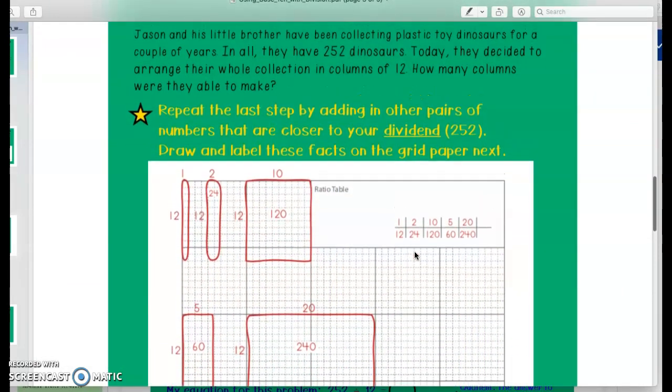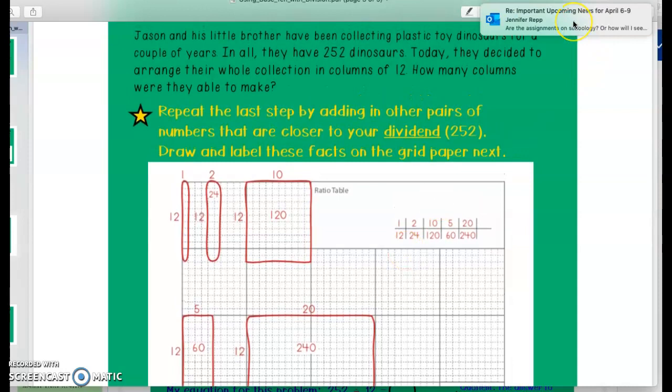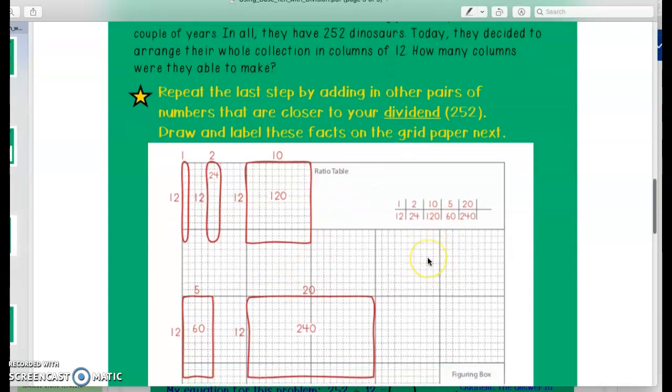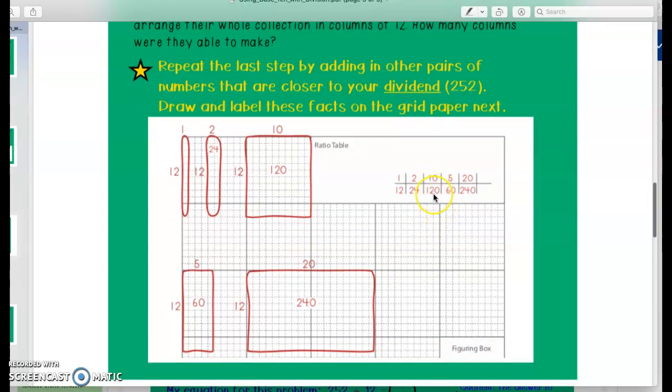The next thing I'm going to do is take that 10 and split that in half. So instead of 10 groups of 12, 120, I'm going to split that in half and do 5 groups.